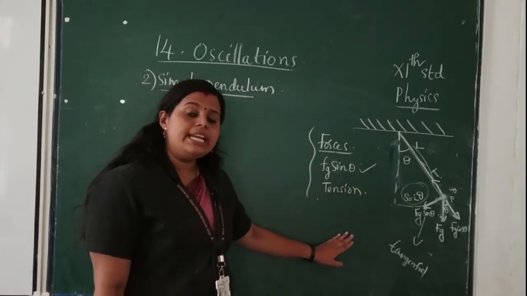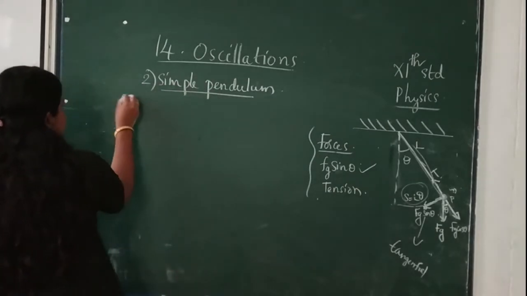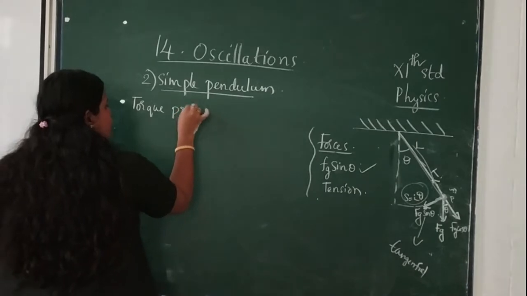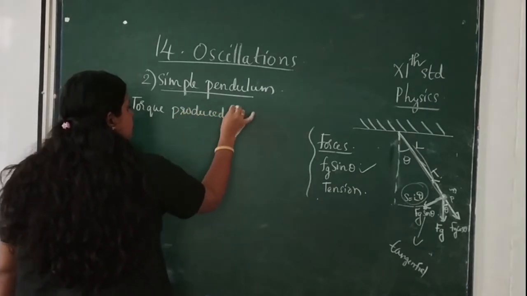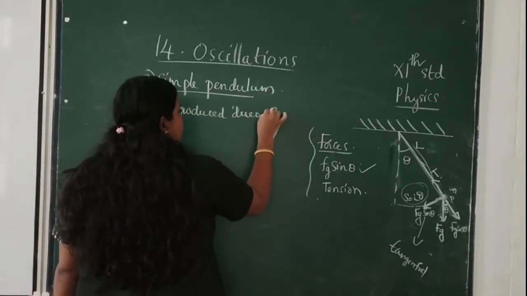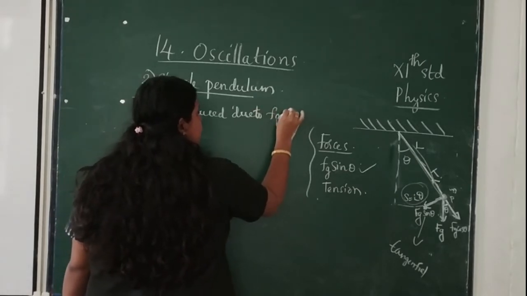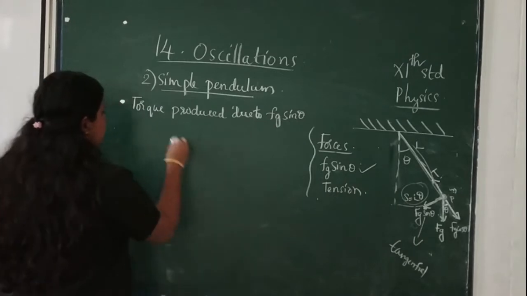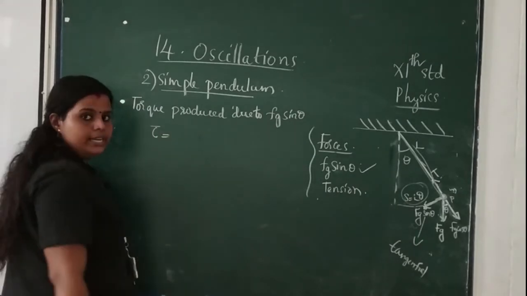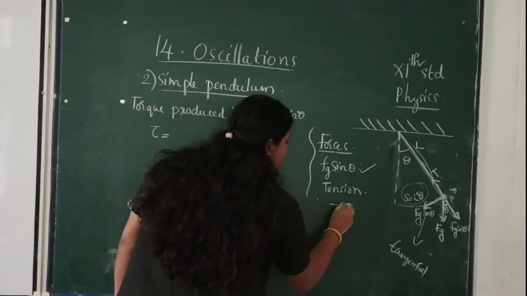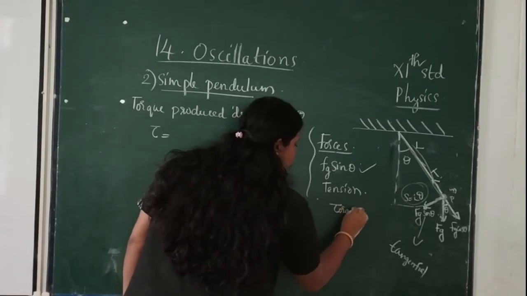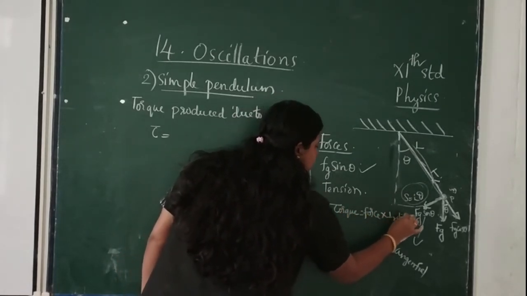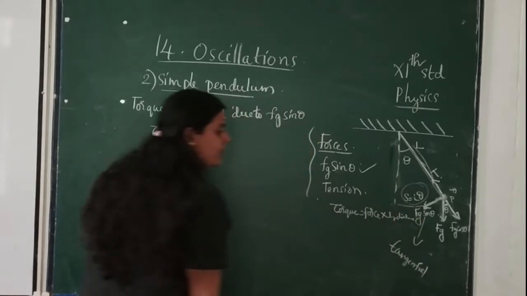Now let's find out an expression for this torque, that is the torque produced due to Fg sin theta. The torque produced due to Fg sin theta, that is tau is equal to, listen children, what is the expression for torque? Tau is equal to force into the perpendicular distance, right? Force into the perpendicular distance.